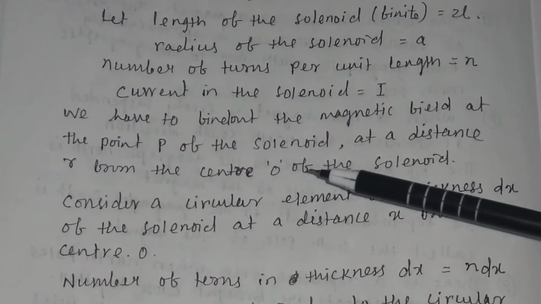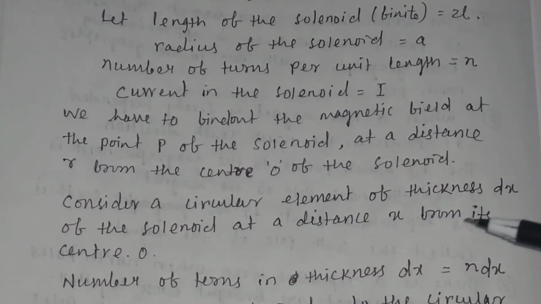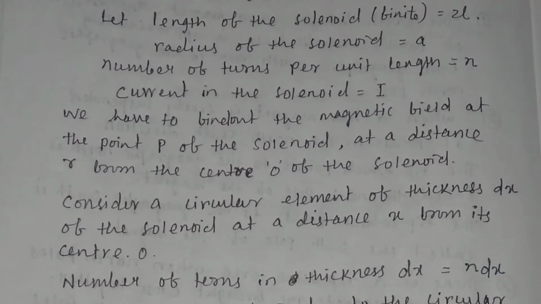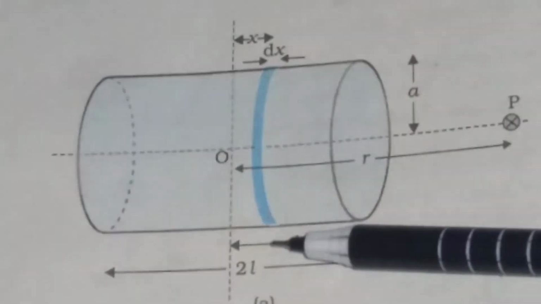Consider a circular element of thickness dx of the solenoid at a distance x from its center O. So we have considered a circular element.